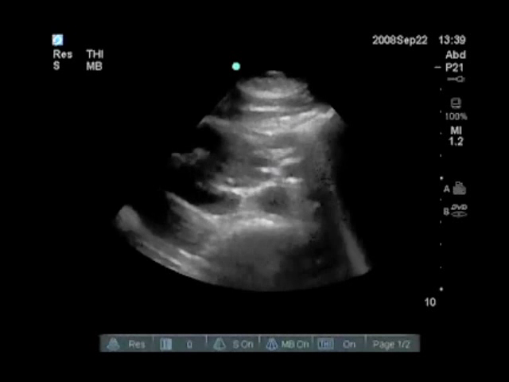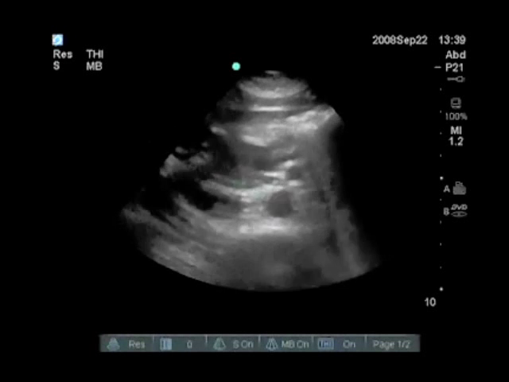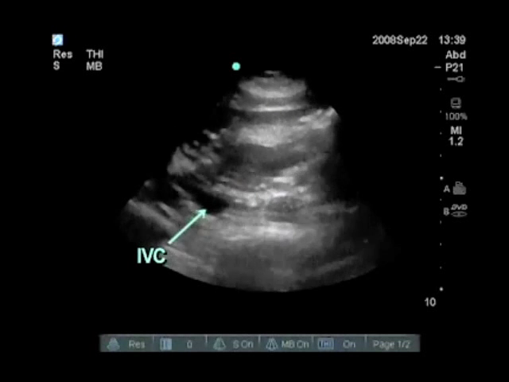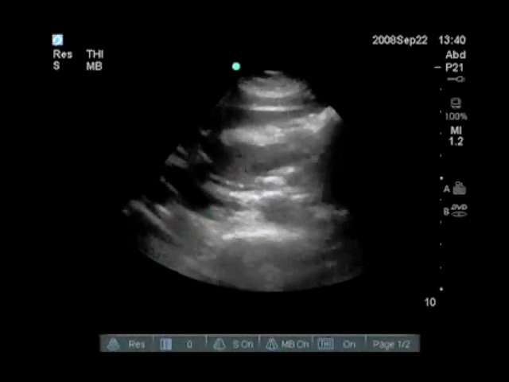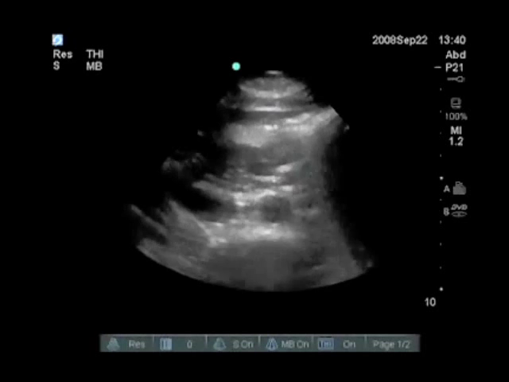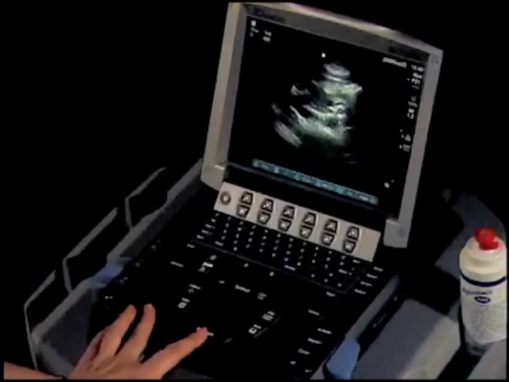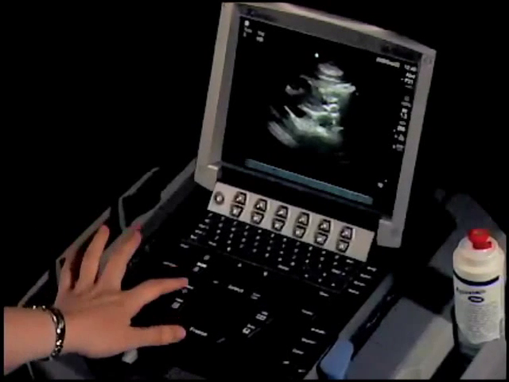In the middle of the screen, we have the aorta pulsating. To the right of the aorta, the IVC, and anterior to the aorta, we have the superior mesenteric artery. I'm going to freeze the image here and perform 2 measurements.